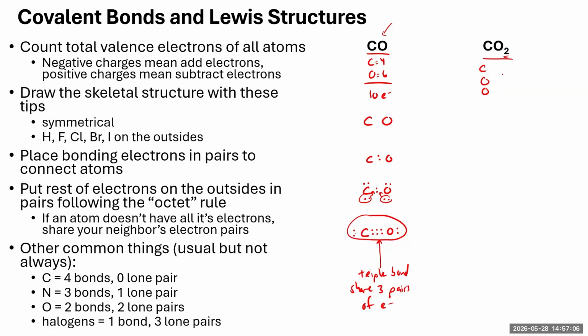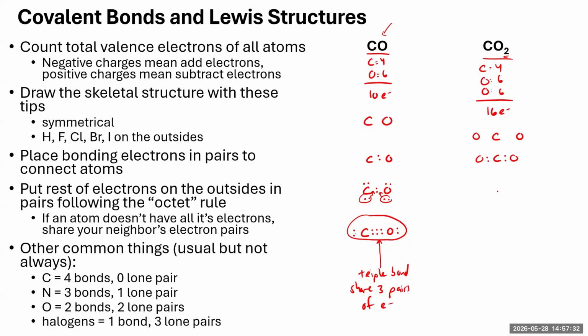All right, let's do CO2, C-O-O, because that 2 means there's 2 oxygens. So 4, 6, and 6, we have 16 electrons total. The only way to draw this symmetrically is C, O, and O. We'll put the bonding electrons in first. 1, 2, 3, 4.